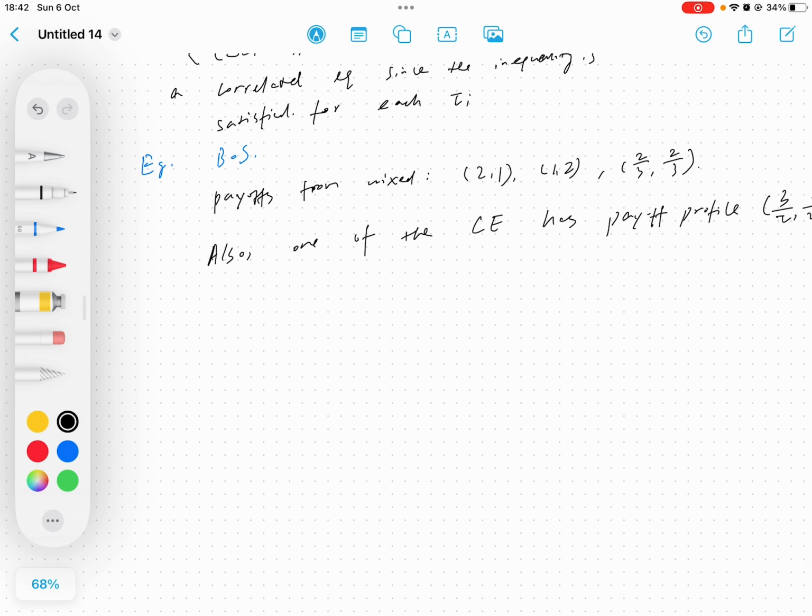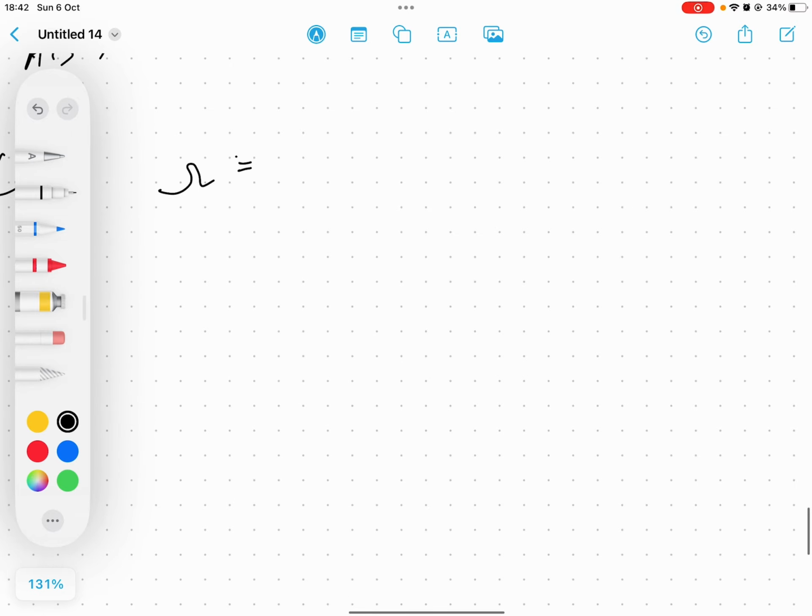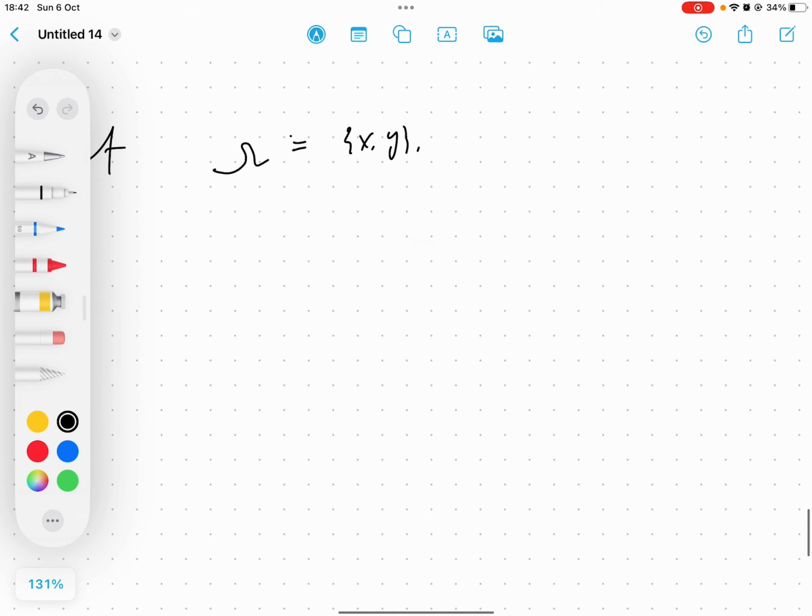So let's let the state space omega be x and y, and the probabilities are 50-50. The partitions for the two players, man and woman, are the same. They have exactly the same partition.